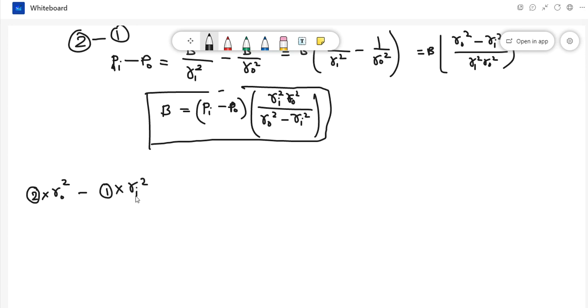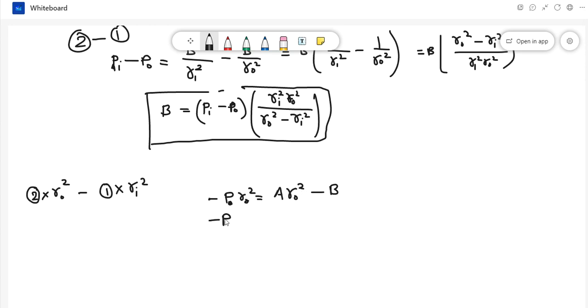So once you do like this, the equation will become, see, P naught, I am multiplying equation number 2 by R naught square, so P naught minus P naught R naught square, and that equal to A into R naught square minus B. So R naught square into R naught square will get cancelled out.